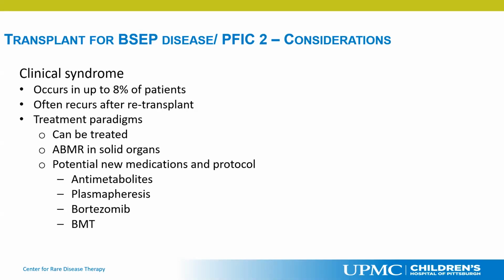And bortezomib works to inhibit the production of antibody from those cells. And so when you inhibit antibody from a plasma cell, you actually downregulate the plasma cell, and it gets rid of the clone of plasma cells that make that antibody. Bortezomib has been used extensively, but has not been used to my knowledge in patients that have BSEP recurrence, but it's certainly something that should be.